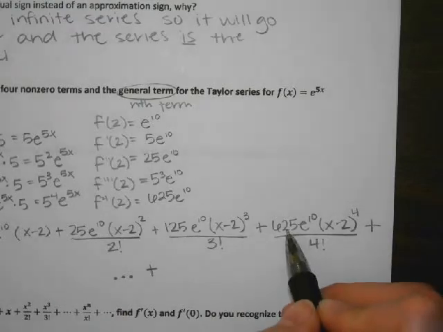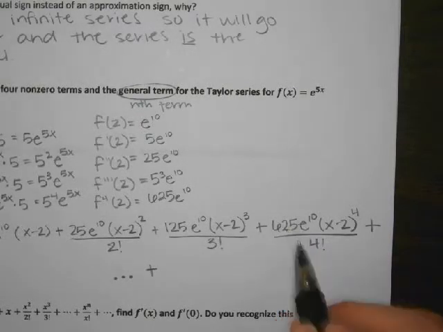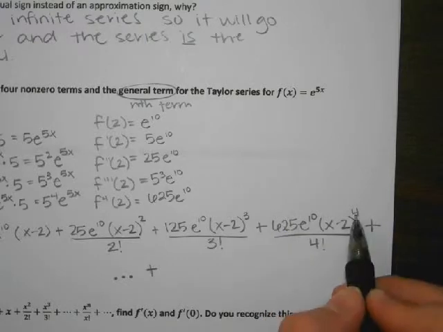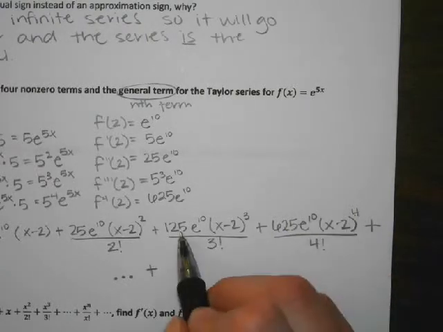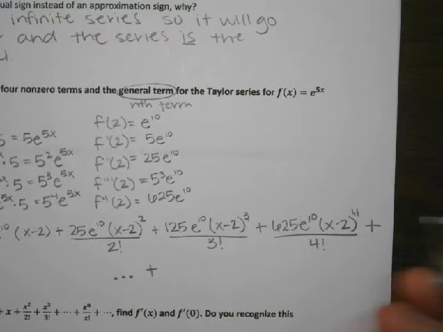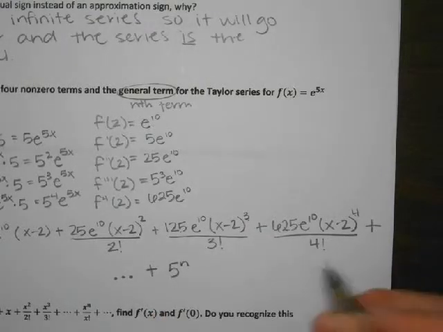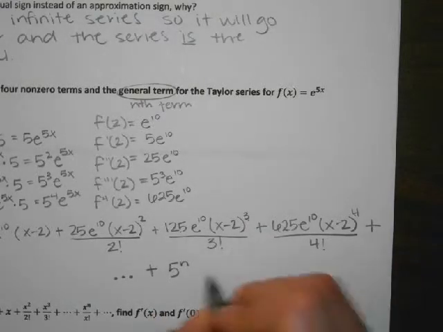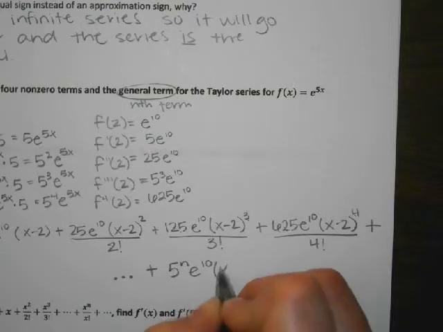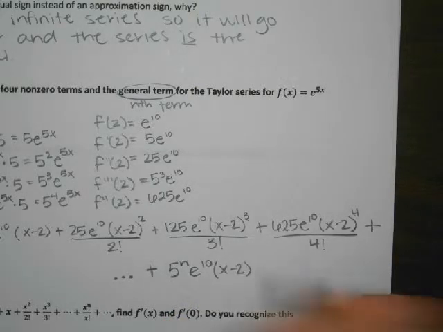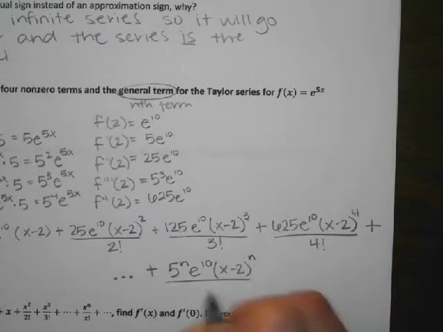Now, I have to have a way of representing this number in the front. So we're going to say 5 to the n, right? And that's because this was 5 to the 4th, and it matched up with the 4th. And this was 5 to the 3rd, and it matched up with the 3rd, okay? So we're going to say 5 to the n, then what do we have? E to the 10, and then x minus 2 to the n over n factorial.